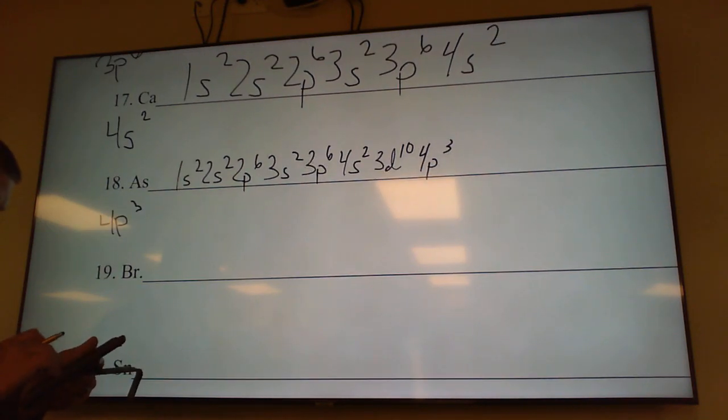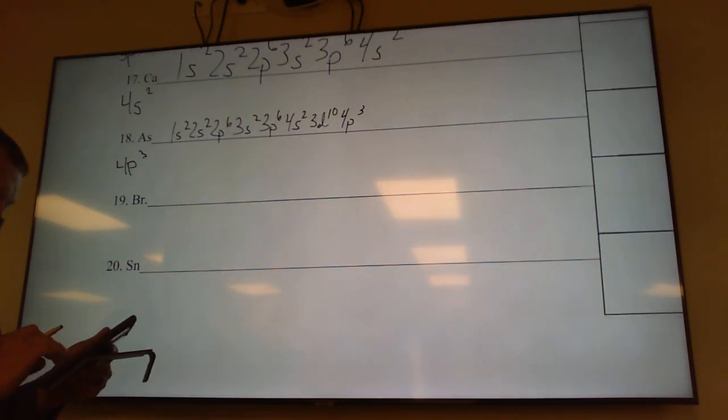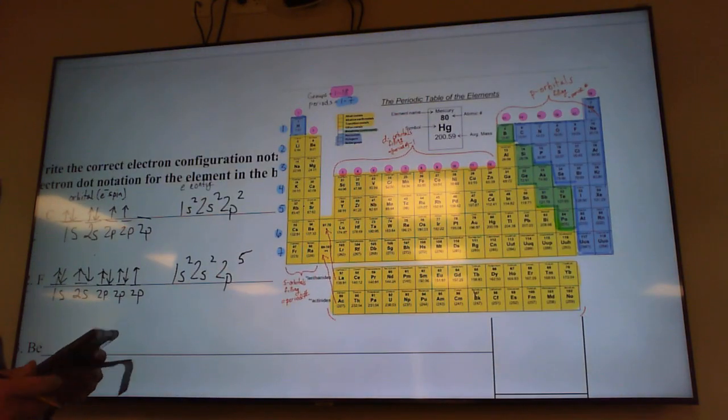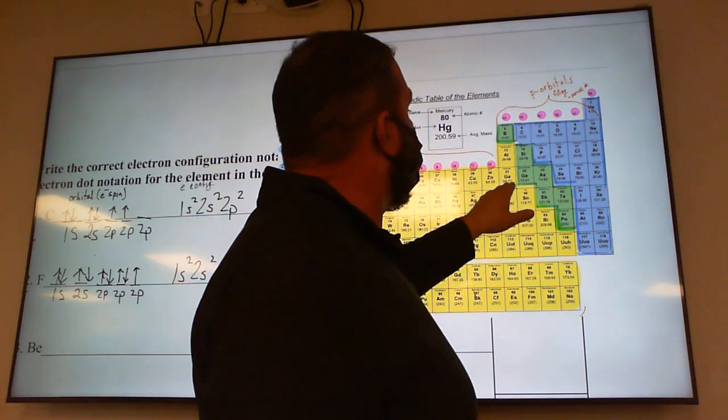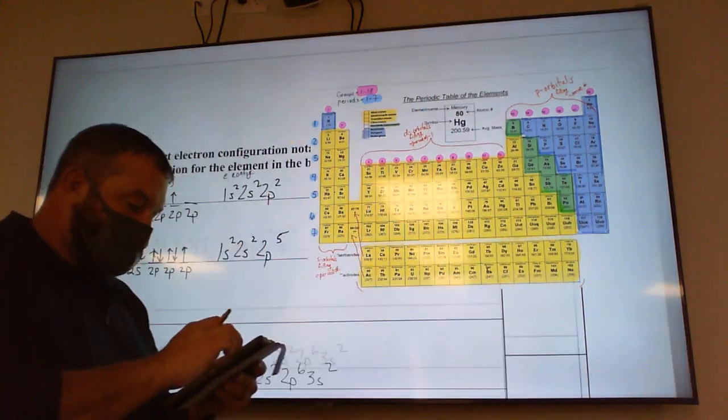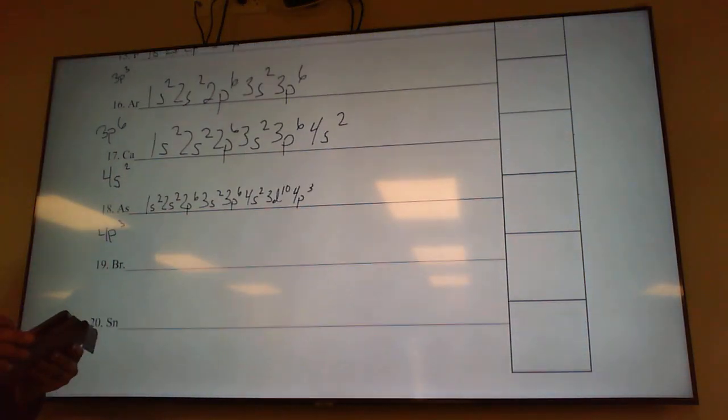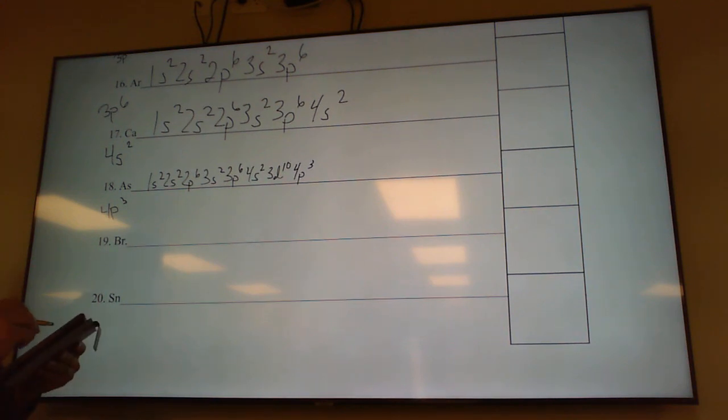Okay, let's look at bromine. Bromine, up here, is in 4p, and it's 5 over. So again, let's cheat on this one. Bromine looks just like arsenic, only instead of ending in 4p3, it's going to end in 4p5.